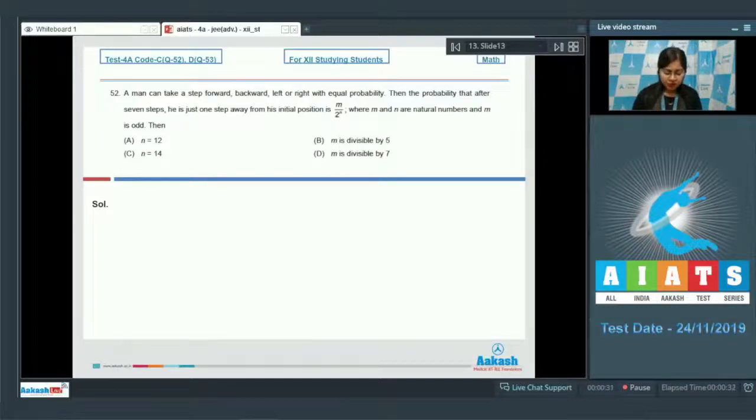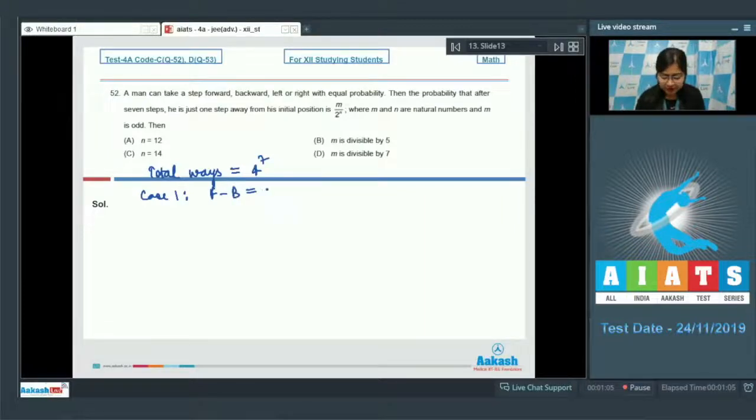Right. So let us firstly find the total number of ways. So the total number of ways will be equal to, as for each step a person has 4 options, 4 into 4 into 4, 7 times, that is 4 raised to the power 7. Now for favorable cases, as it is given that in the final position he should be 1 step away from his initial position, let us say in case 1, he is 1 step forward.